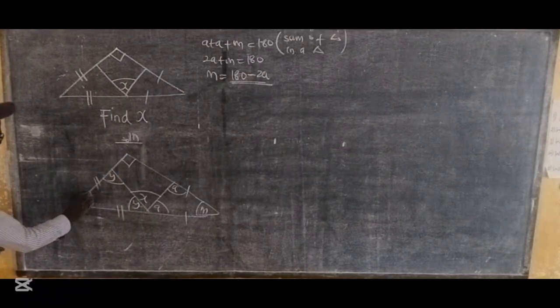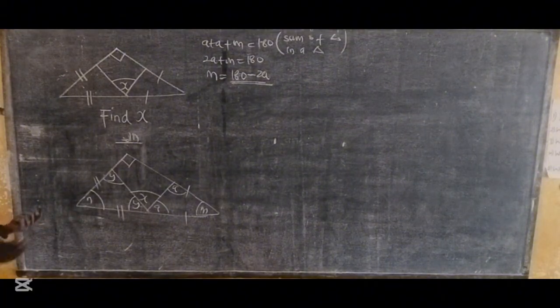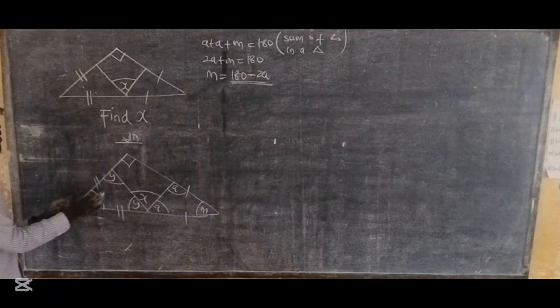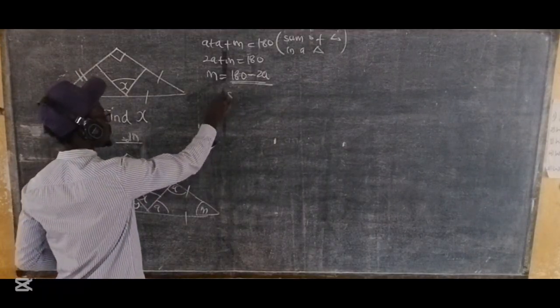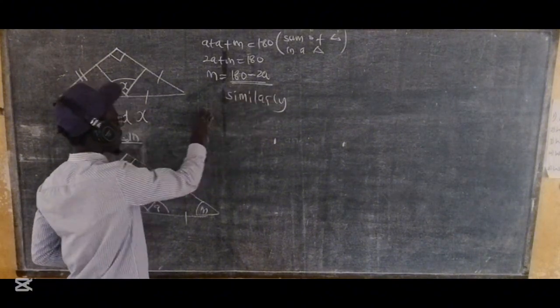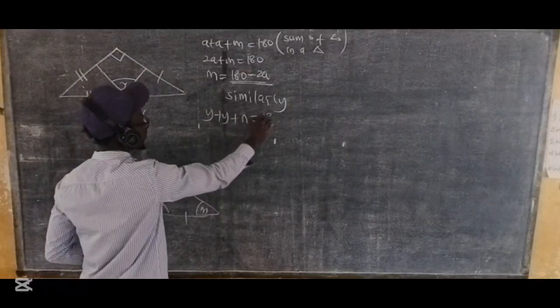If this is angle Y, it means this other angle should also be Y. Now let's find angle N from this point. We consider the same thing, the sum of angles in a triangle. Similarly, we say Y plus Y plus N equals 180 degrees.